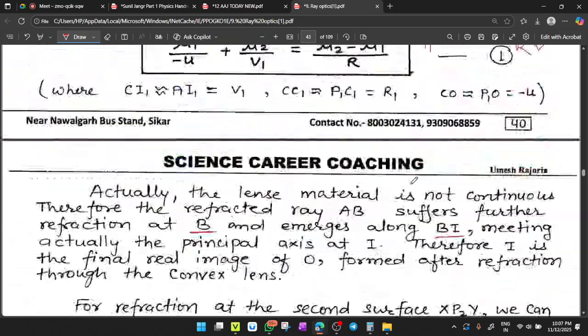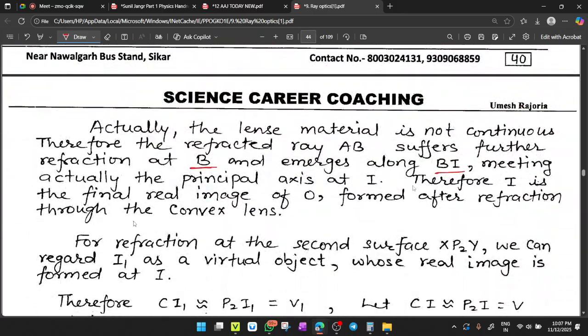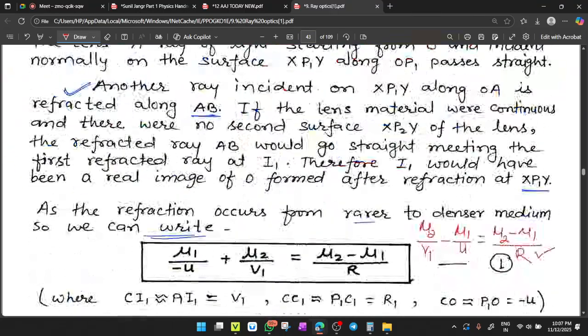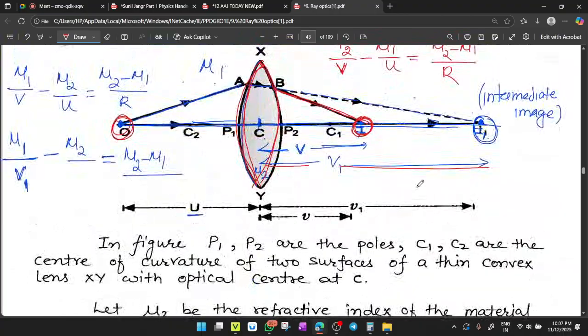BI meets the principal axis at point I. Therefore, I is the final real image of the point O. This will be the distance V, the final distance V. This was the intermediate image, so we have considered it V1.